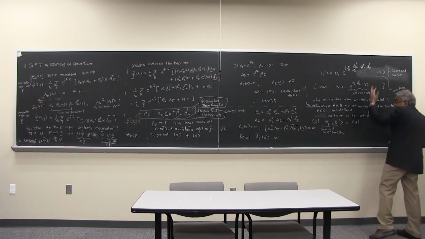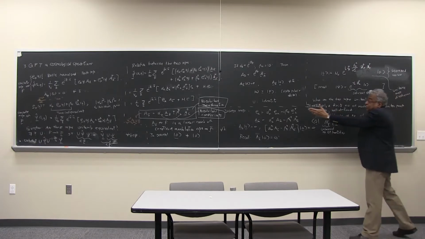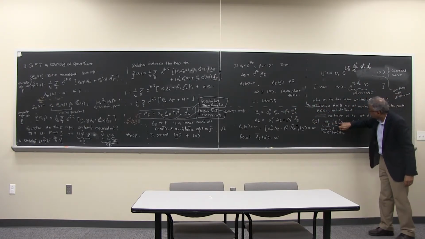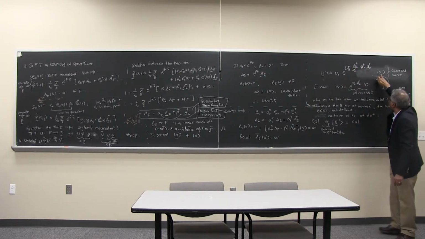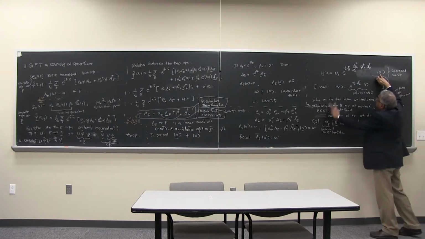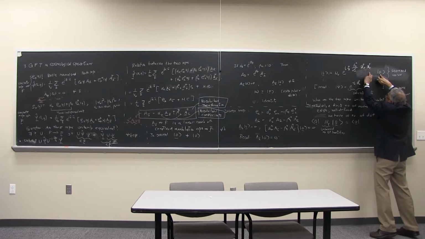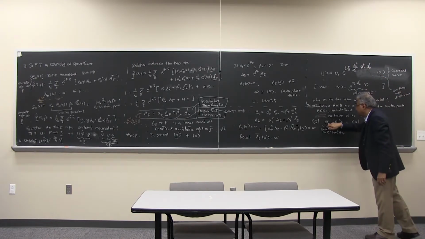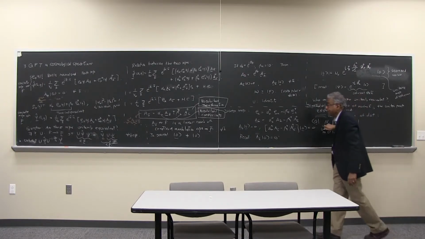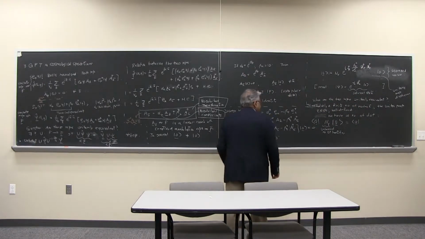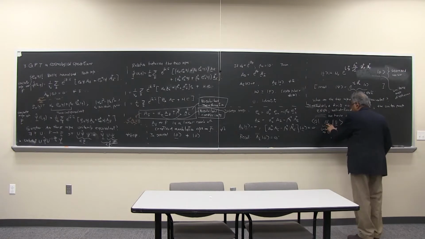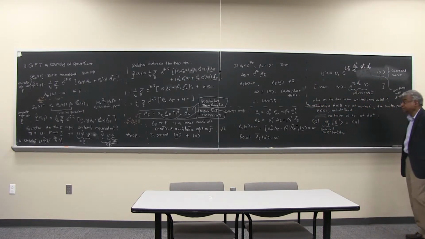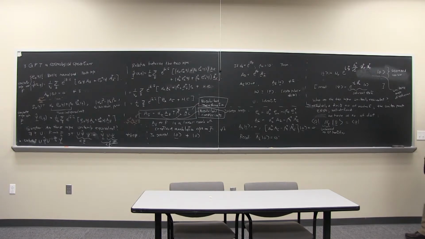Well, I can use this formula explicitly, or it's much easier to just use the number operator up here. You can do either way. You can either write this as this, and then you will have to take the number operator and commute it with these annihilation creation operators, or it's simpler just to write down the number operator up here, which is equal to the creation times the annihilation operator, and then we can write it in terms of the bar creation and annihilation operators.